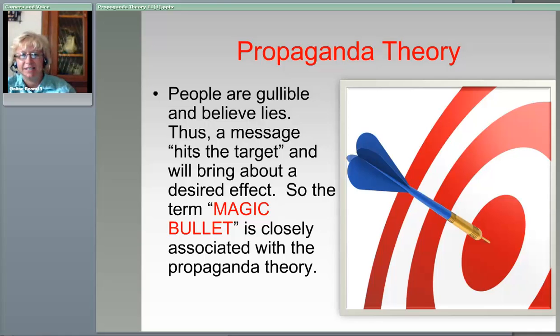But they see it on TV and, oh, wow, this is awesome. This is excellent. This is going to save me so much time in my cleaning. And so the magic bullet of the communication hits the target, and those people pick up their phone or they jump on their email and their website and they order. Okay? Propaganda theory says that we as communicators can impact behavior.